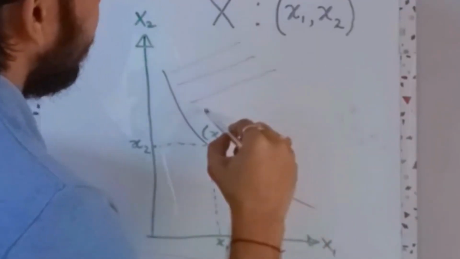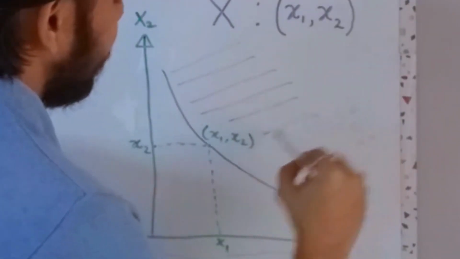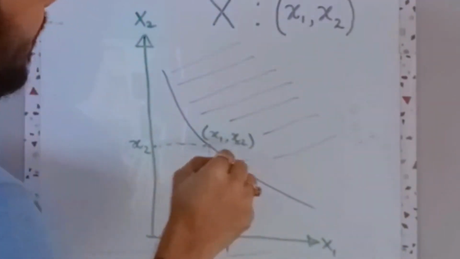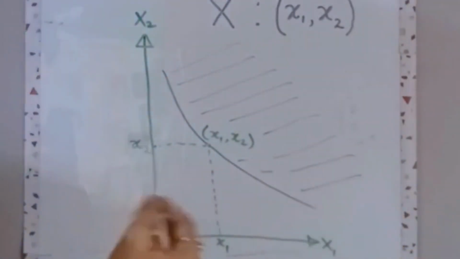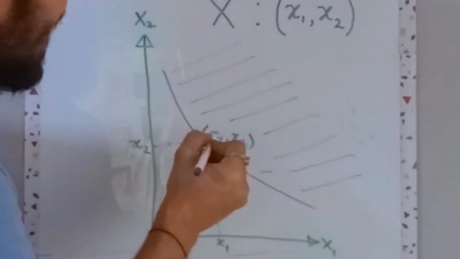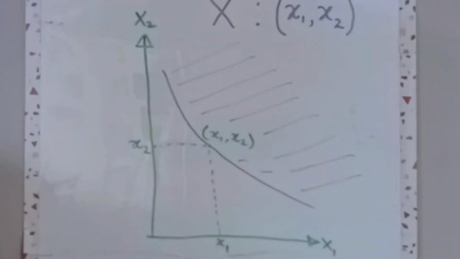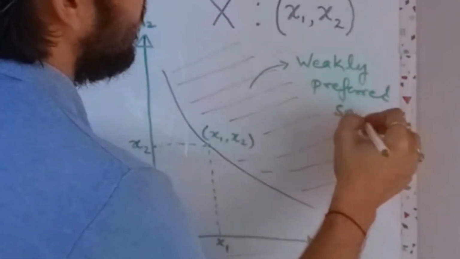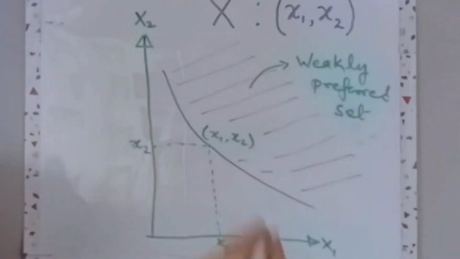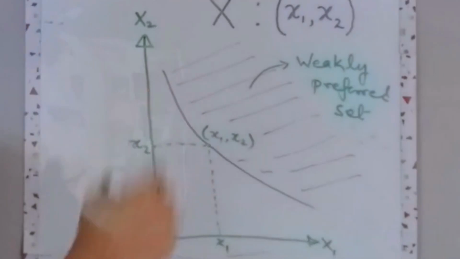Let's say these points above this X1, X2 and above this line are the consumption bundles which you weakly prefer to X1, X2. What will you call the consumption bundles in this region? The weakly preferred set, right? In this set, all the consumption bundles will be weakly preferred compared to this point over here, this consumption bundle which you have.